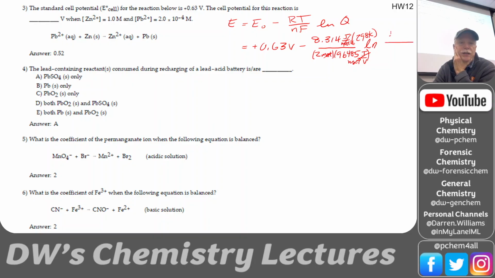And then products over reactants. So the zinc is 1, and the lead is 2 times 10 to the minus 4. So we're really pushing this reaction backwards. Let me just see, 0.63 volts minus, I'm just going to do this front piece. I'm going to do this in parts.